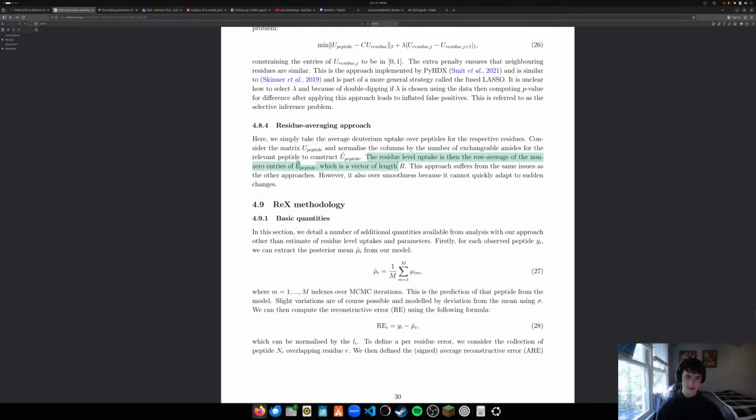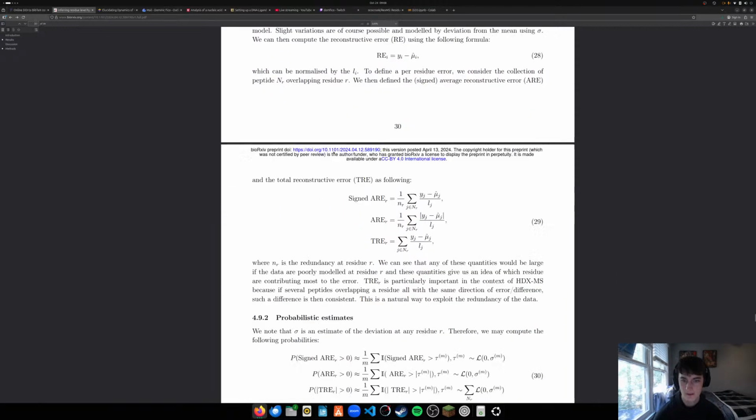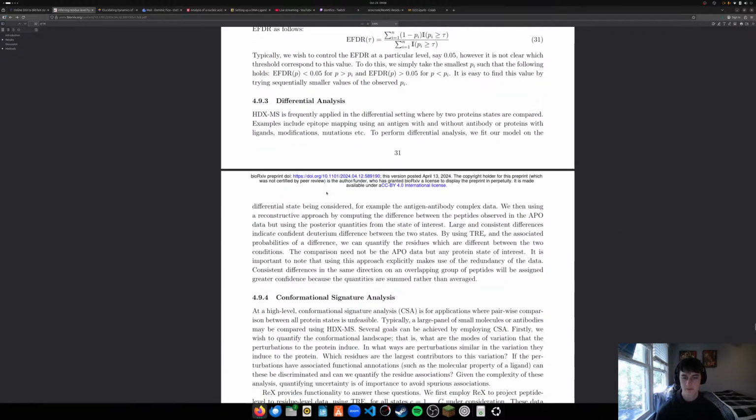The residue level uptake is then the row average of the non-zero entities. This approach suffers from the same issues as other approaches. However, it is also over smoothness because it cannot quickly adapt to sudden changes. Oh wait, no, that's not. That's what I'm talking about.